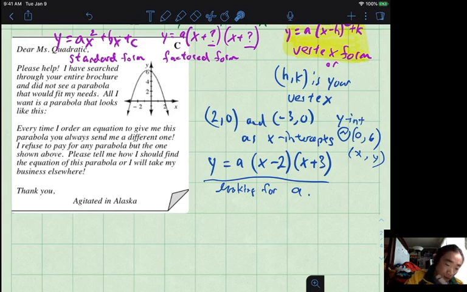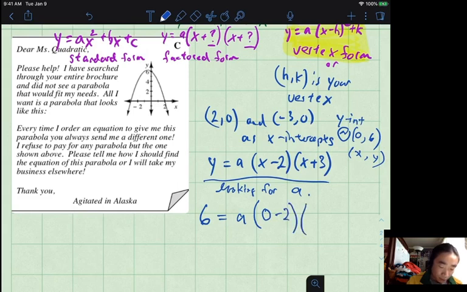So if we know that our y-coordinate is 6, and we're looking for a, using the definition of a y-intercept, you know that this value is 0, and this other value for x is also 0. 6 equals a times -2 times +3. 6 equals a times -6. What does a have to be?